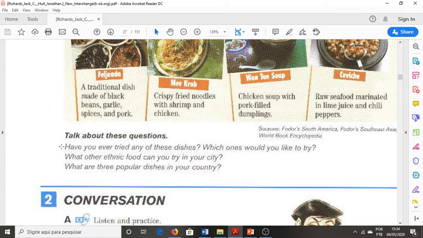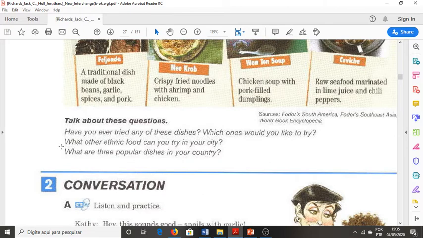So have you ever tried? They should understand, se você já experimentou. If they don't understand, the teacher could simply say, você já experimentou, okay. But no explanations on grammar just yet. This is just for them to be engaged in the activity, in the topic.